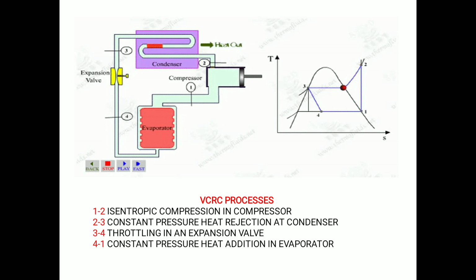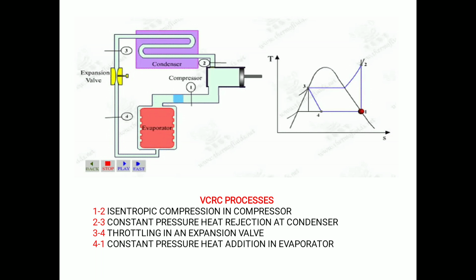Here, the refrigerant will absorb the heat inside your room, and it will convert into saturated vapor. Before entering the evaporator, the refrigerant is at low temperature, low pressure, saturated liquid-vapor mixture.